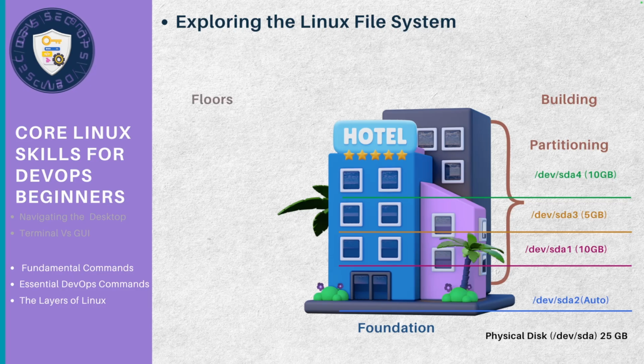Once it is done, then what happened? We decided that in this way we will create our building, then the floors. So next we do the formatting. When you create a partition in GUI mode, there is an option. Once you create a partition, you have to perform some formatting, right? If you format your pen drive, you may realize that it asks you, especially in Windows, whether you want to format it like NTFS or FAT, right?